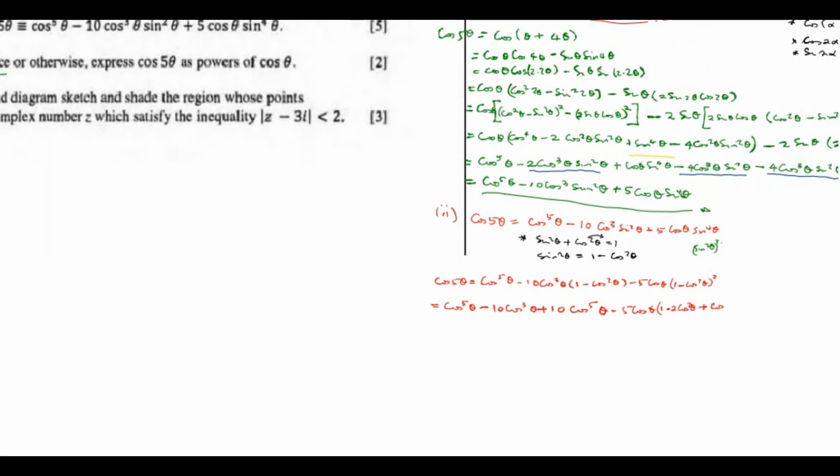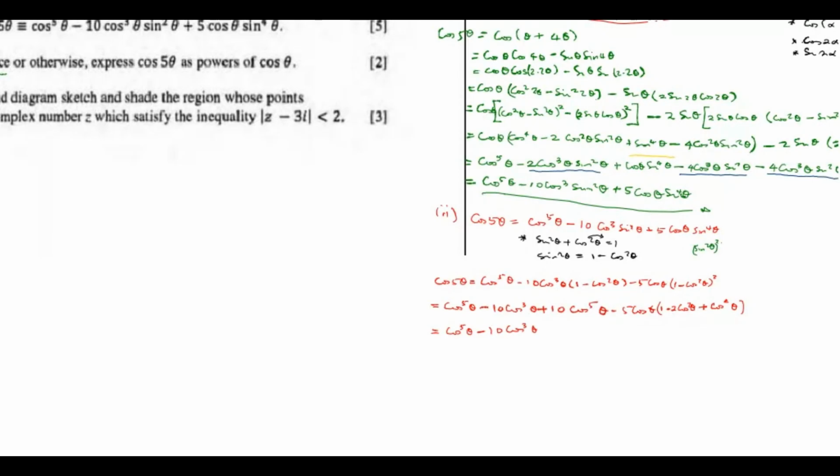So expanding that, it's going to give us cos to the power 5 theta minus 10 cos cubed theta plus 10 cos to the power 5 theta.